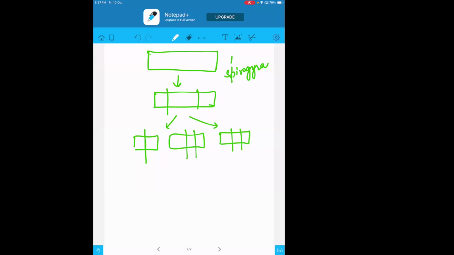Ma'am, so for reproduction, they depend on the water current? Exactly. Because of the water current only they are dividing. They do not have any property by which they can do it by themselves.